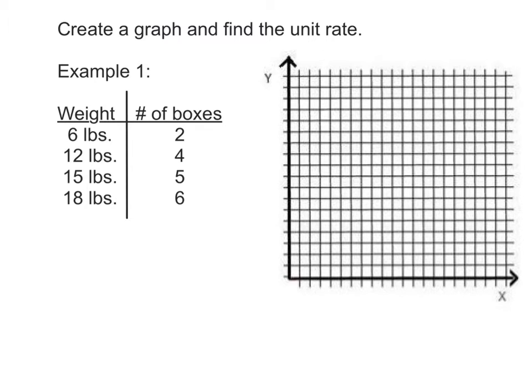In this first example, we have a set of data where our first column represents the weight and the second column represents the number of boxes. Something that we must always keep in mind is that whatever is in the first column will always be on our horizontal or our x-axis.